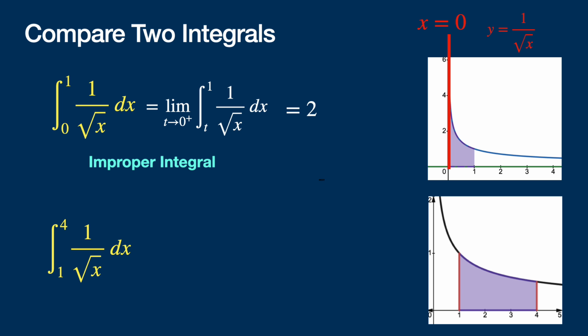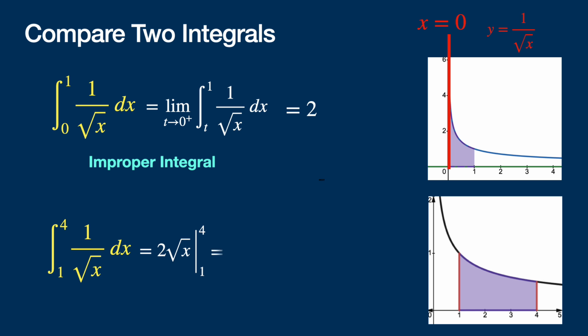The improper integral is going to be 2, as we did on the previous slides. How about the second integral? That's not an improper integral because there is no vertical asymptote on the interval. So we're going to do a regular definite integral by using the first fundamental theorem. What is the antiderivative? That's going to be 2 square root x from 1 to 4. You plug in the 4 first.